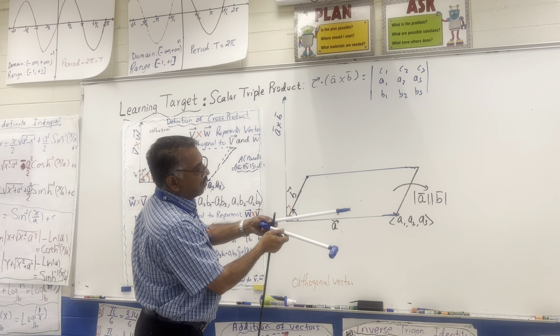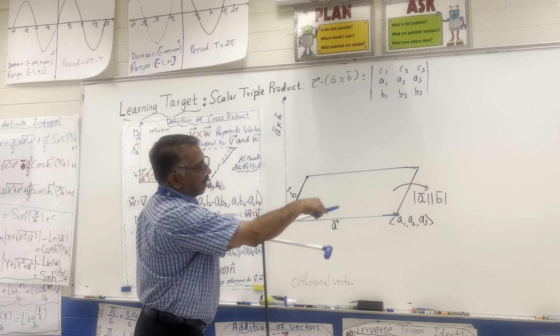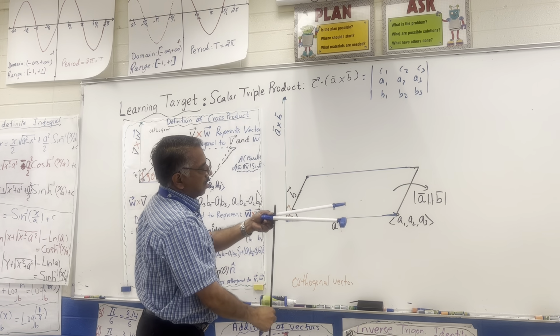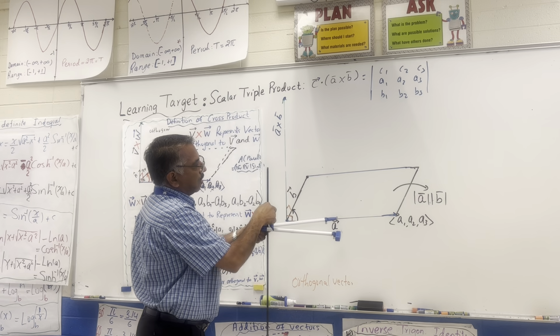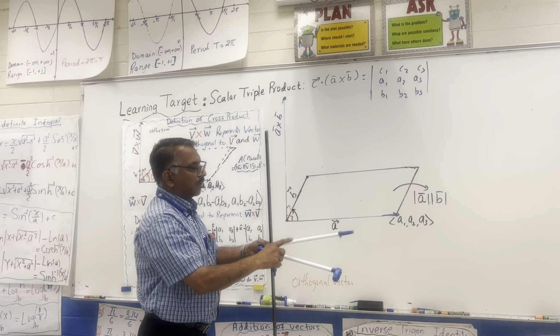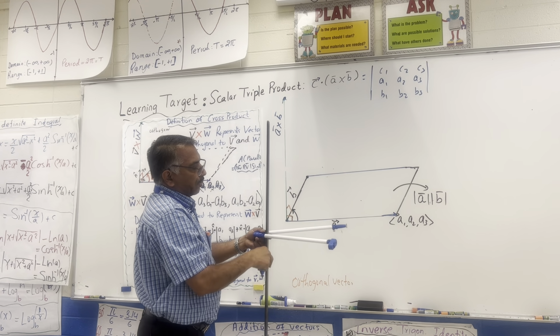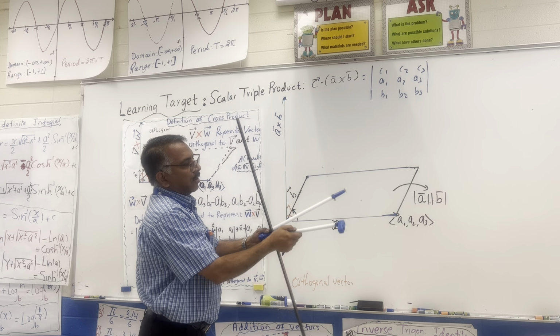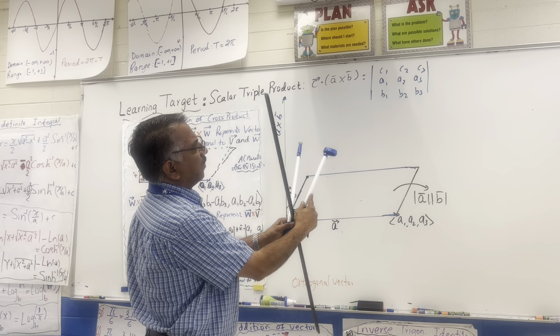As you move A towards B, this is how the vector is formed. So A cross B is a vector perpendicular to both the first one and the second one.